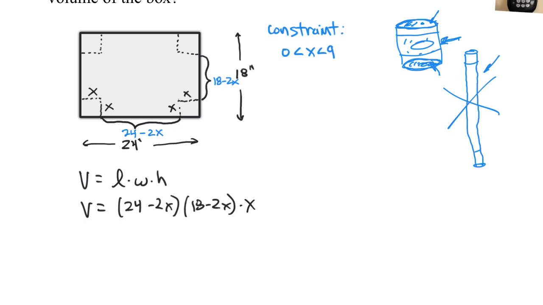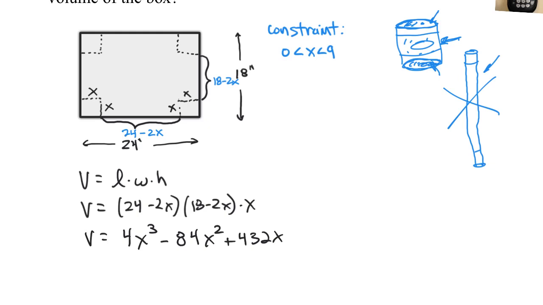So if you FOIL these two, FOIL this binomial times that binomial, and then distribute this x through, and you'll want to do that just for a little practice, but if you do that, you're going to get, when you're all said and done, and if you put these in order from highest power to lowest power, you should get this.